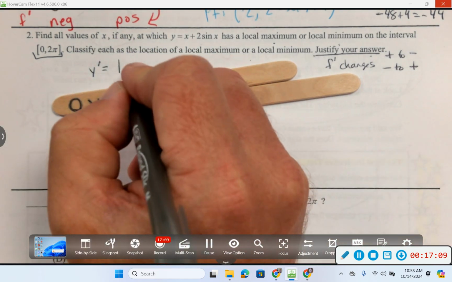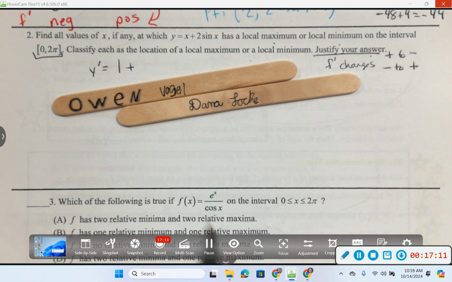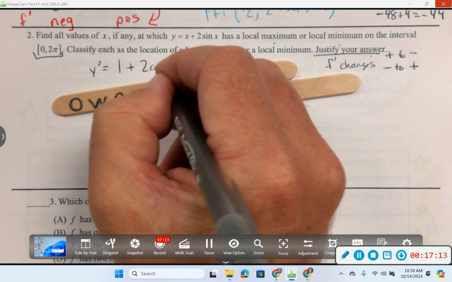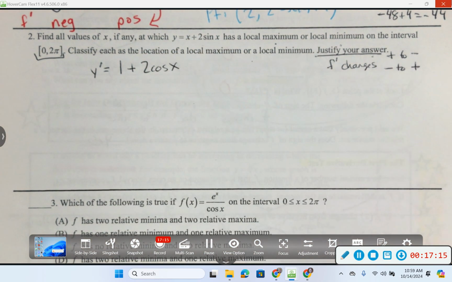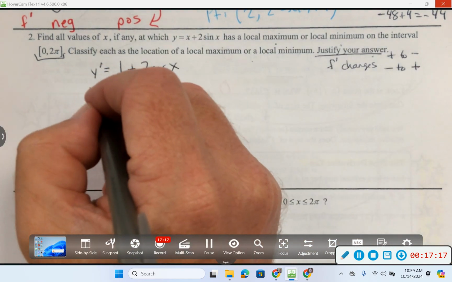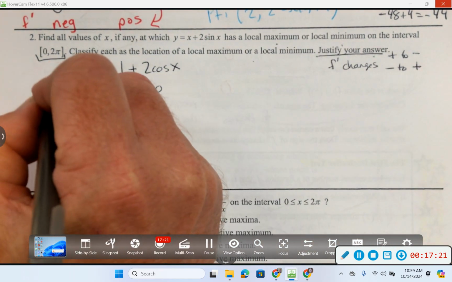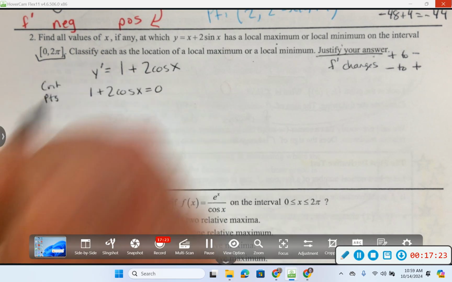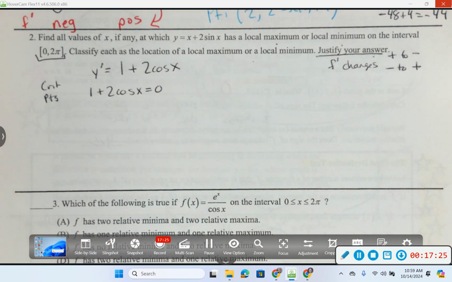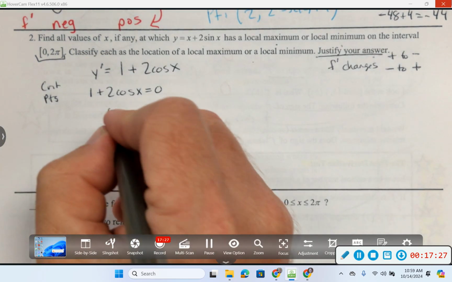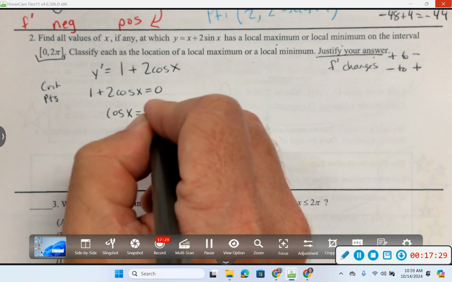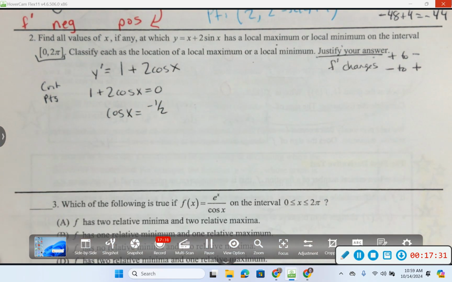And Dana, the derivative of 2 sine x? 2 cosine x. So let's set that equal to 0. That will tell me my critical points, and my critical points are my potential maxes and mins. So cosine of x equals negative 1/2.